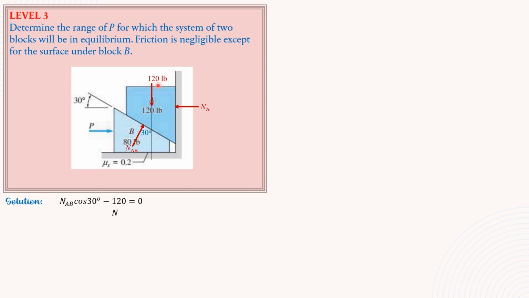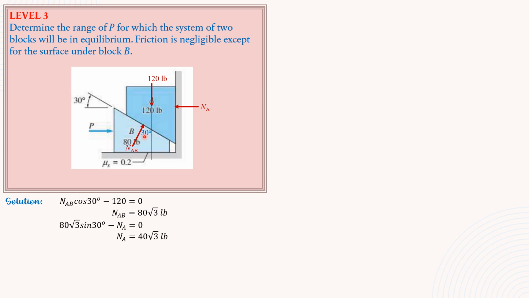So N_AB is equal to 80 square root of 3 pounds. Summation of forces horizontal: 80 square root of 3 times sine of 30 degrees minus N_A equals 0. So that means N_A is 40 square root of 3 pounds.